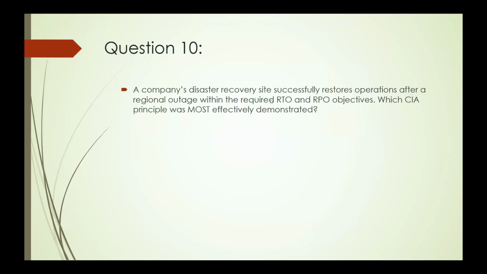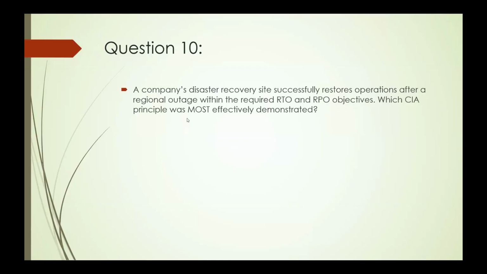This is the maximum acceptable amount of time a system, application, or business process can be down after a system failure. It's the maximum amount of time. Then, what is RPO? It's recovery point objective, and this is the maximum acceptable amount of data loss measured in terms of time after a disaster or system failure happens.